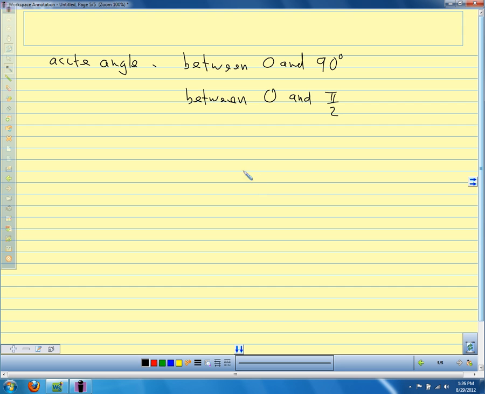So an acute angle is between 0 and 90, or 0 and pi over 2. Obtuse? Above 90, perfect. Above 90, below 180.